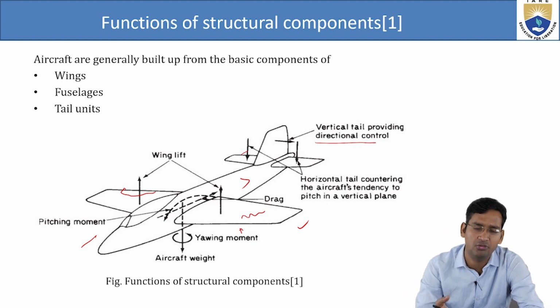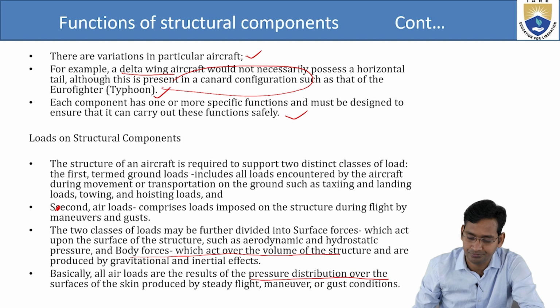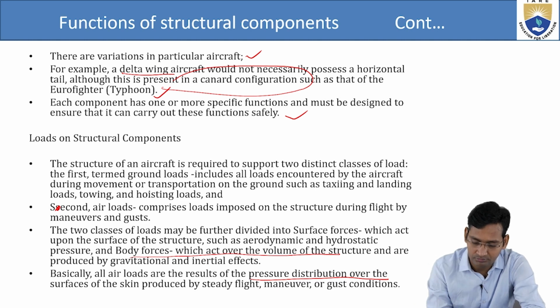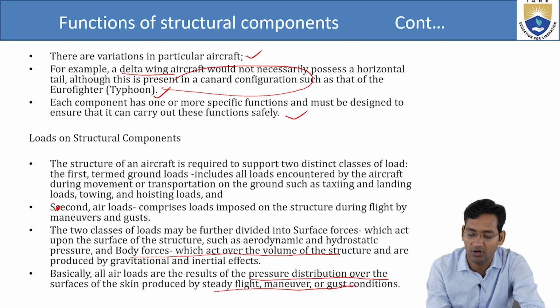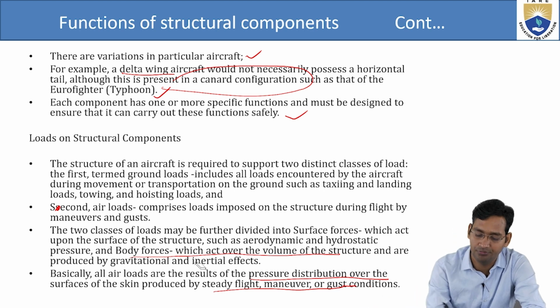Because of that, the higher pressure pushes upwards, and that is the upward movement. This is over the surface of the skin, produced by steady flight, maneuver and gust conditions.